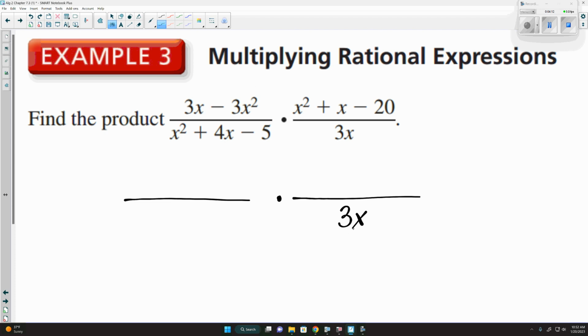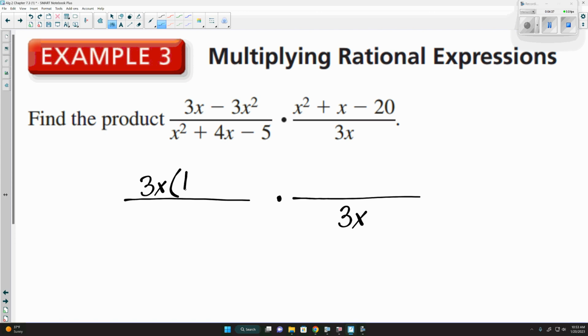Now we look at the other numerator, 3x minus 3x squared. There is a greatest common factor between 3x and 3x squared, and it is 3 and x, because they both have a single x and they both have 3, so we can factor it out. If we factor 3x out of 3x, we have 1, guys.